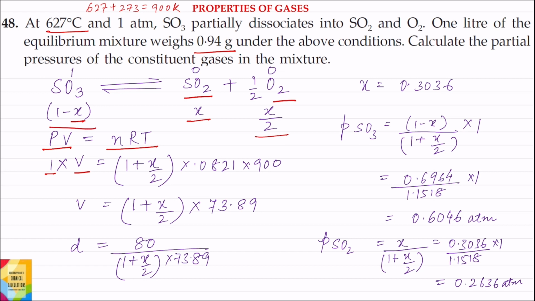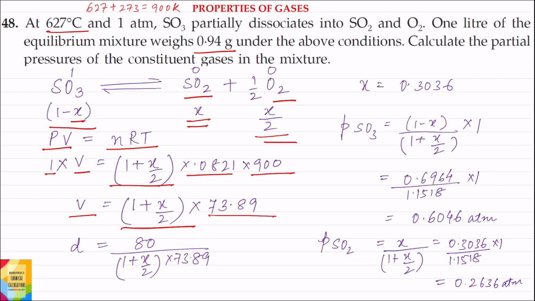That is 1 minus x plus x plus x by 2, which is equal to 1 plus x by 2. This is the total number of moles, into R. The value of R is 0.0821, into temperature. Temperature is 900 Kelvin. Solving, the volume is equal to 1 plus x by 2 into 73.89 liters.